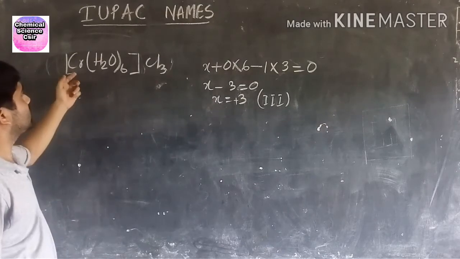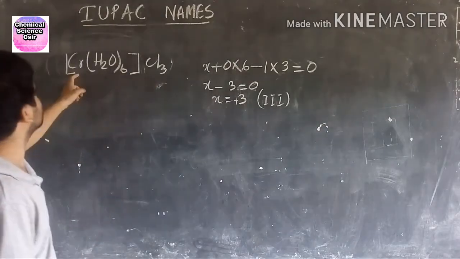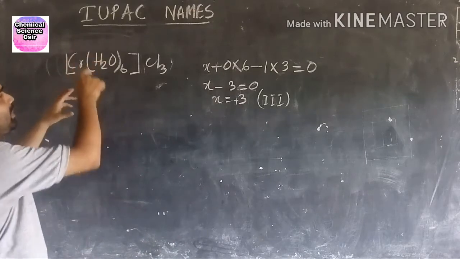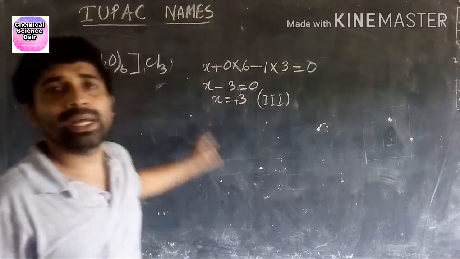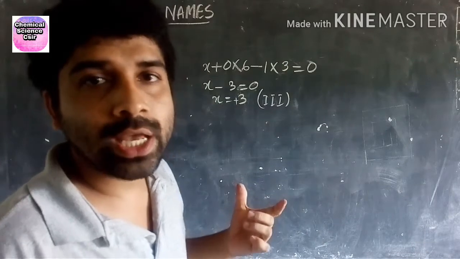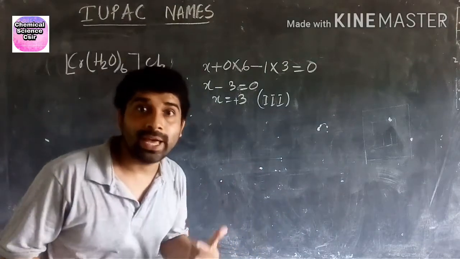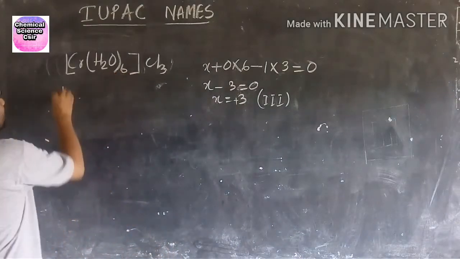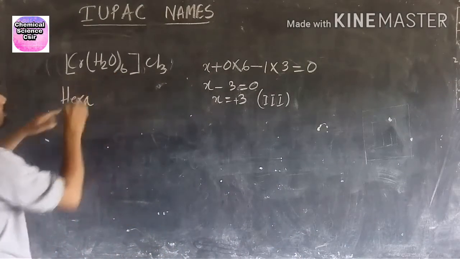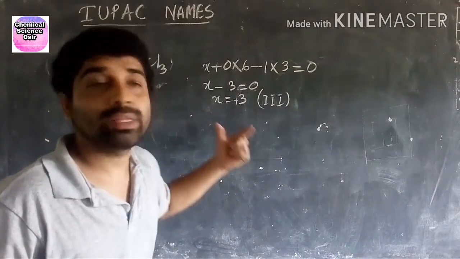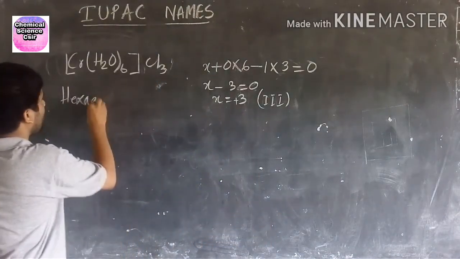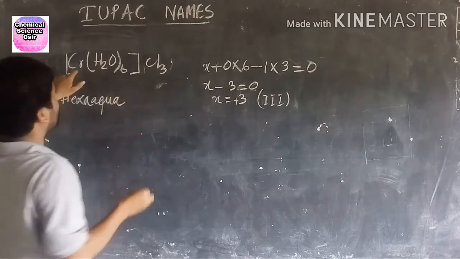First of all, this is the complex name. Before naming, see how many ligands are attached: 6, so this is hexa. This ligand name is aqua. Hexaaqua chromium.